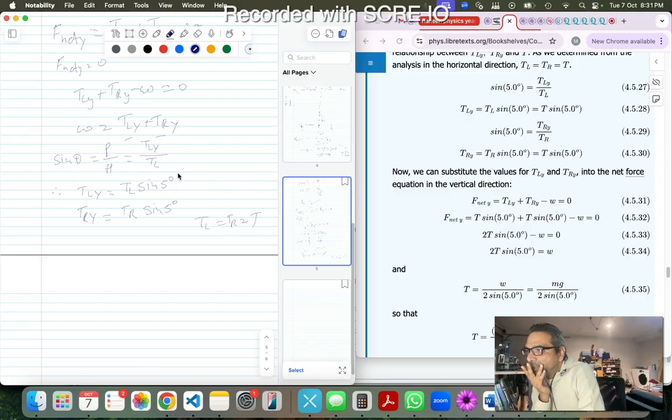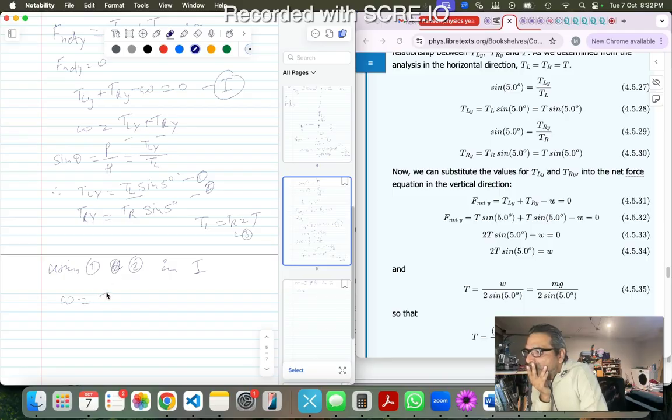So now these values 1, 2, 1, 2, using these three, using 1, 2, 3 in, let's say, I. Okay, in I, what are we getting? W equals TLY, that is this one, right?